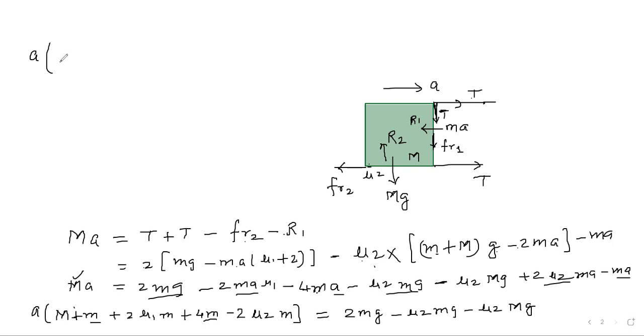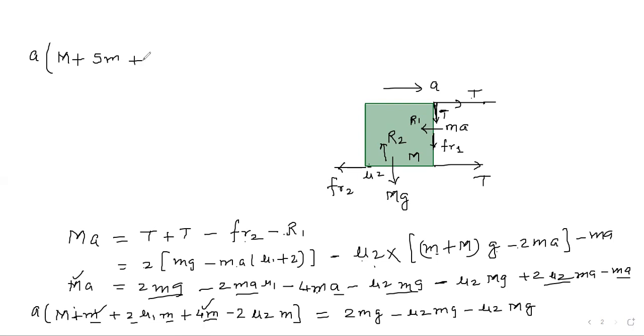So capital M plus 5 small m, plus, from here we can take out 2m outside, so mu1 minus mu2 will be left.